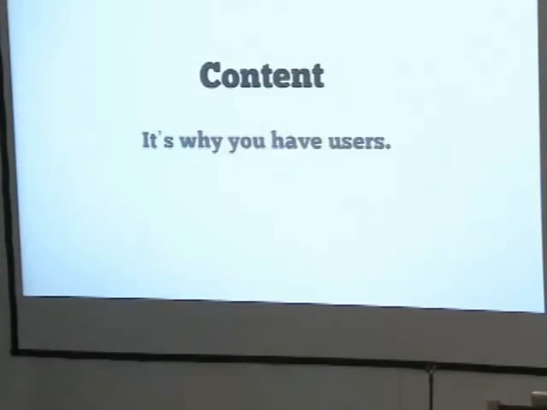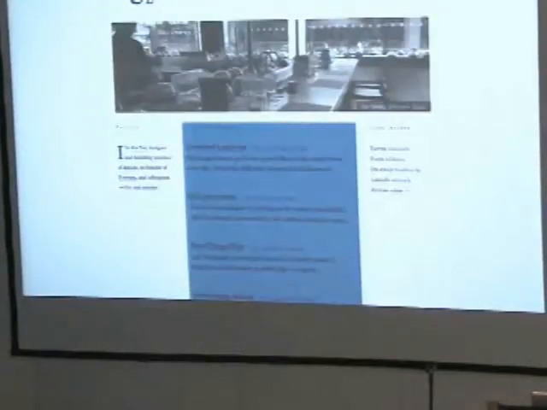So the first thing that's really important when building a visual hierarchy is put your content front and center. That's why you have users. When you look at all these sites, content is really pretty obvious. Even if you look at it for just a second, you can see where the content is.